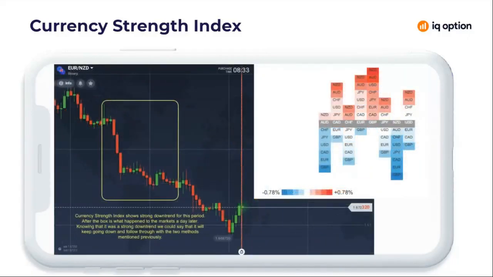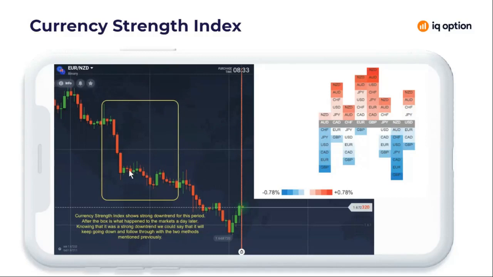Another example of this, Euro NZD. Now, when we're looking at Euro, let's go back to the currency strength index, the gray one, the base currencies. Go all the way up. NZD is very strong in comparison to Euro. Let's go all the way down. The currency strength index shows strong downtrend for this period.